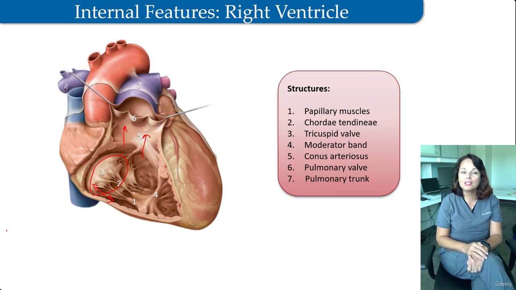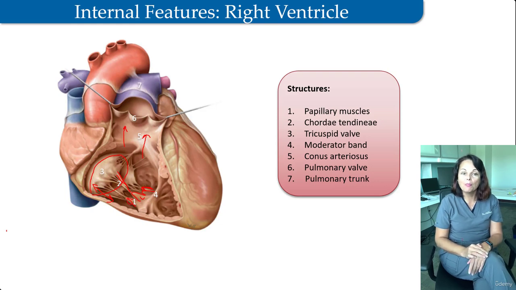The papillary muscles are the conic muscular projections on the internal surface of the ventricle. The right ventricle features the following muscles: the anterior papillary muscle, which is the greatest one in the group. It attaches to the anterior and posterior valve cusps by means of chordae tendineae.